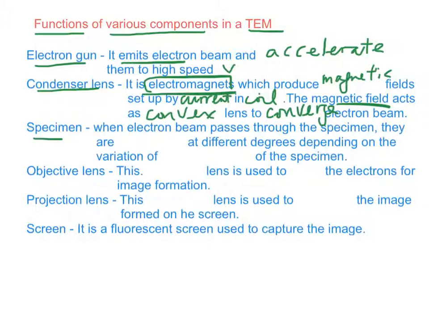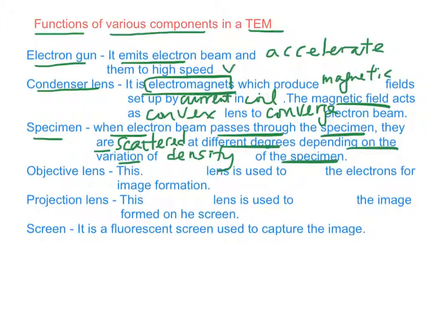The specimen: when the electron beam passes through the specimen, the electrons are scattered to different degrees depending on the variation of the density of the specimen. The objective lens is a magnetic lens which is used to collect the electrons for image formation.